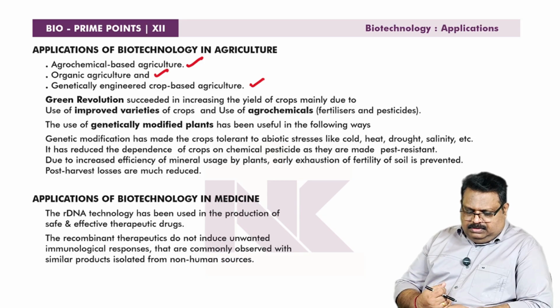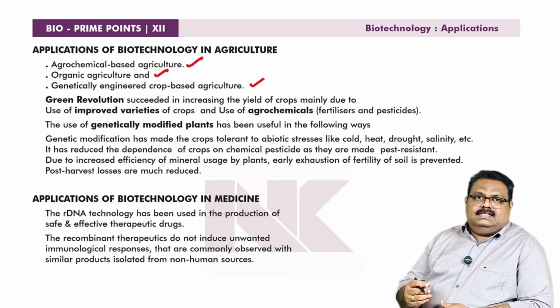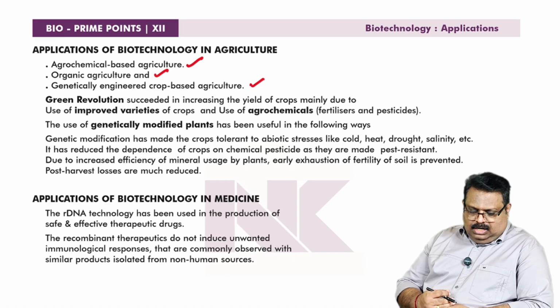The Green Revolution succeeded in increasing the yield of crops mainly due to use of improved varieties of crops and use of agrochemicals, that means fertilizers and pesticides. The use of genetically modified plants has been useful in the following ways.